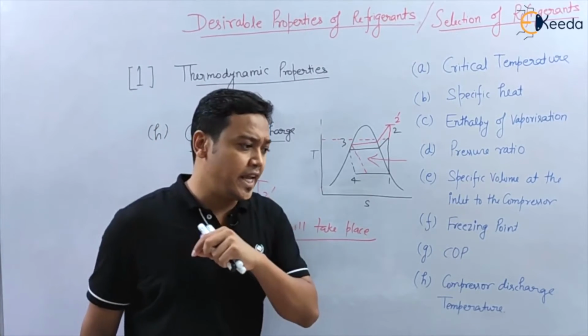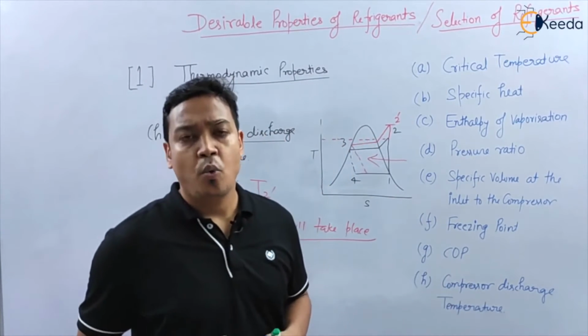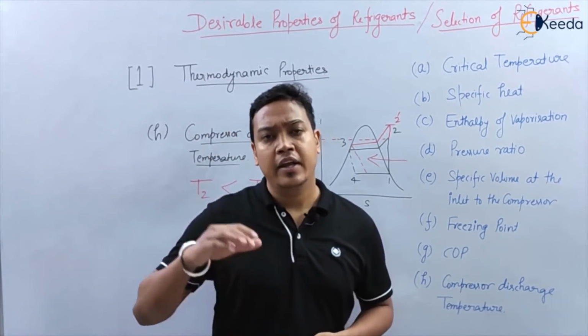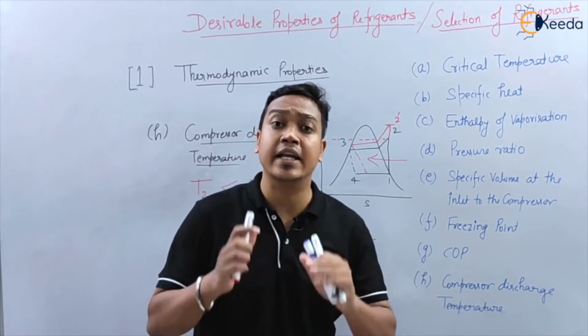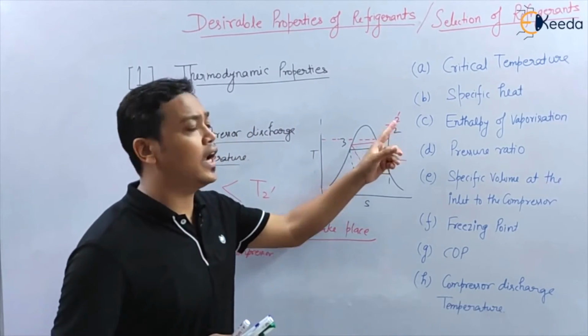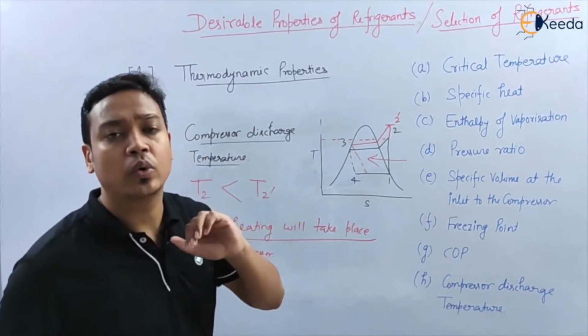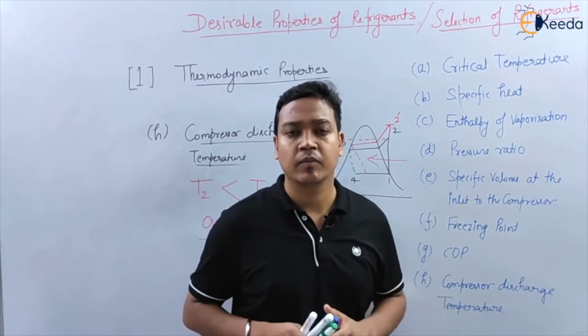You have seen the window AC in your house or split AC. What is the type of cooling in the outdoor unit or rear side of a window AC? That is air cooled, because the discharge temperature of that compressor is low. Not that much low, but it is less.